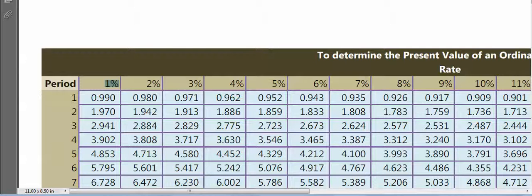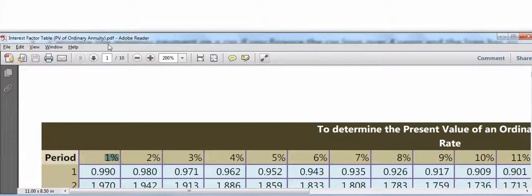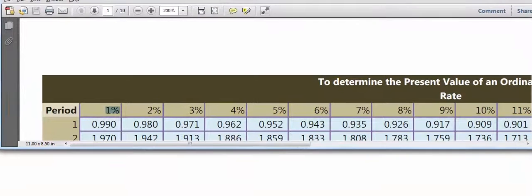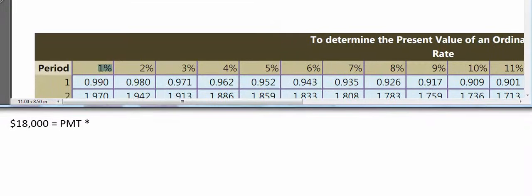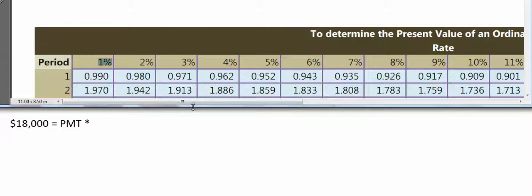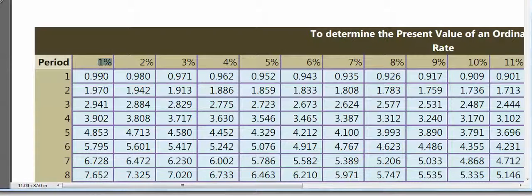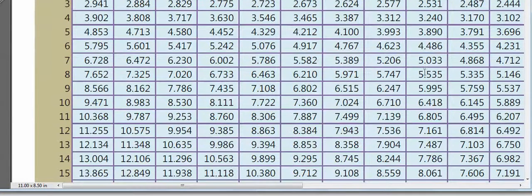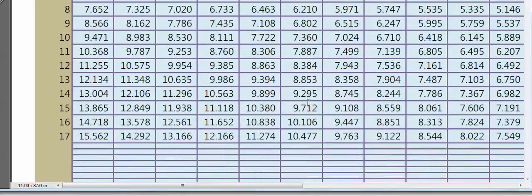table. I'm just going to pop this into view and hope that you can see it. It's quite small and I can't enlarge it any. But here it says the interest factor table, present value of an ordinary annuity. So you've just got to make sure you're using the right table. We want a rate of 1%, which is the first column. I'm just going to scroll down until I find an N of 48.